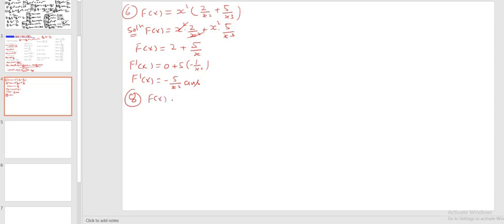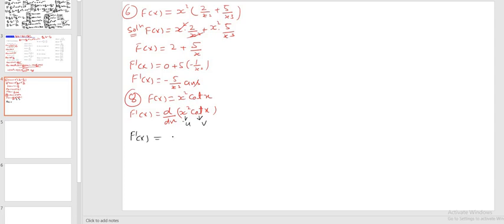Question number 8. f of x is equal to x square into cotangent x. What we have to do: f dash x, that means this is a product. So d/dx of x square into cotangent x. Here assume x square as u and cotangent as v, as given in the handout.